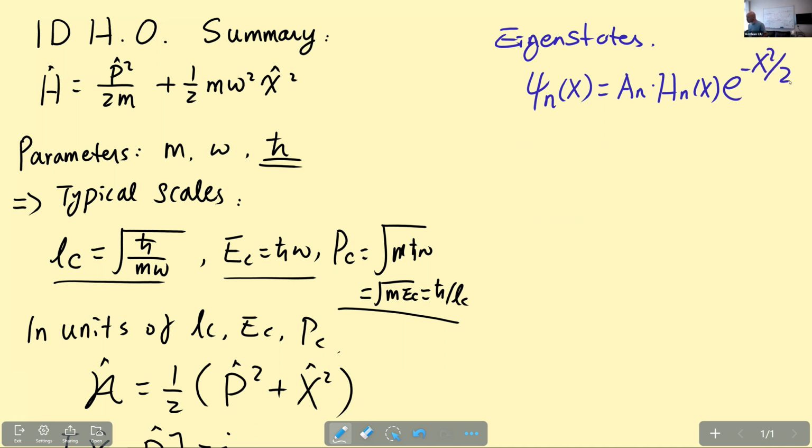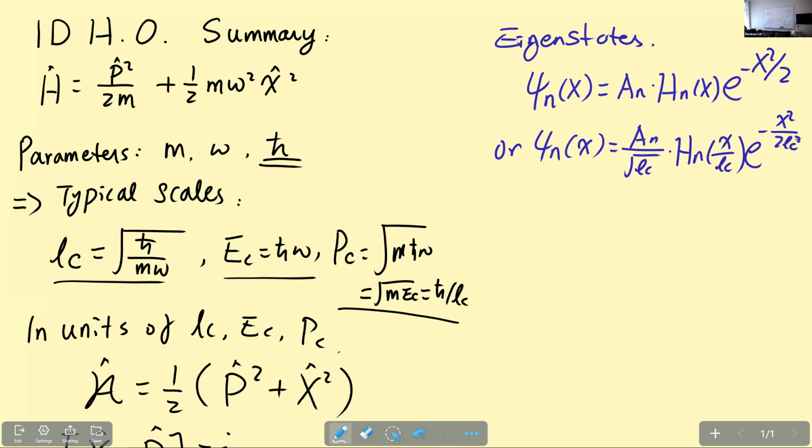Of course, you can also change this to the physical coordinates. That will be divided by the square root of the typical length scale, to make the dimension correct. So that's the same.